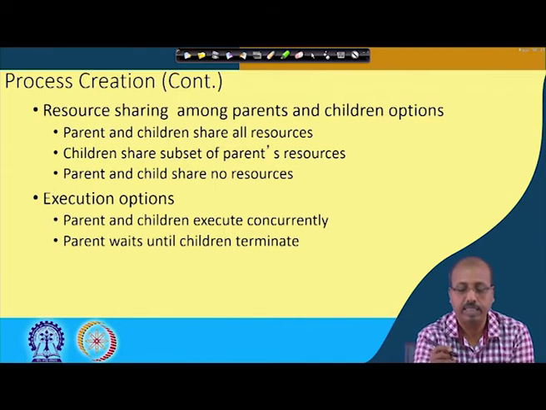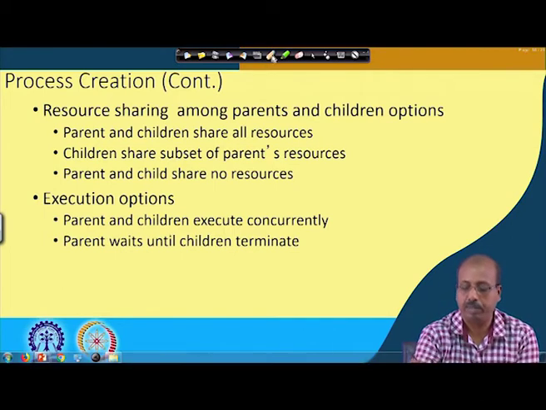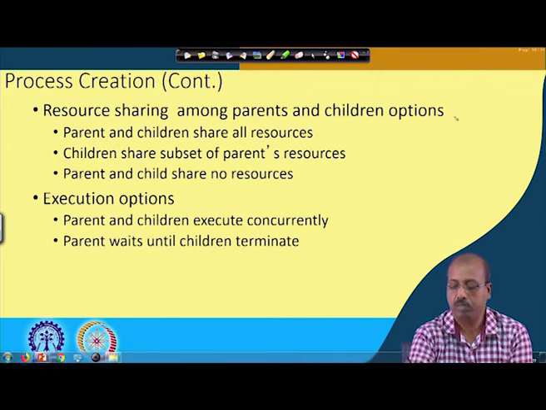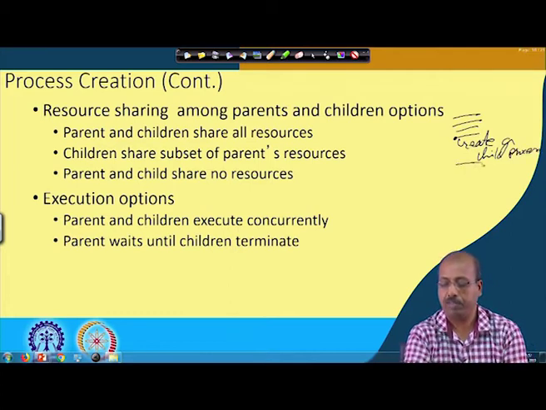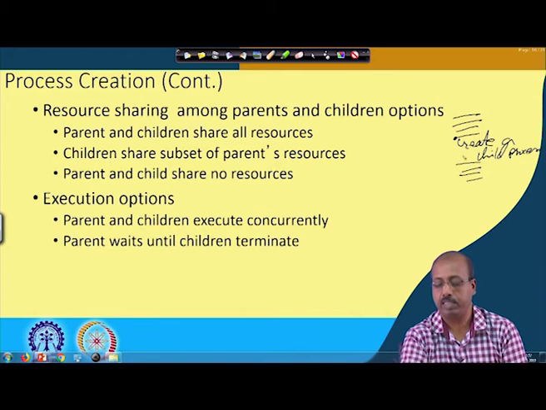So, it is like this, that we have got a parent process. Okay, so it was executing. When it came to this point, it created a new process. It has created a child process. Now, after that, again it goes on doing something else.